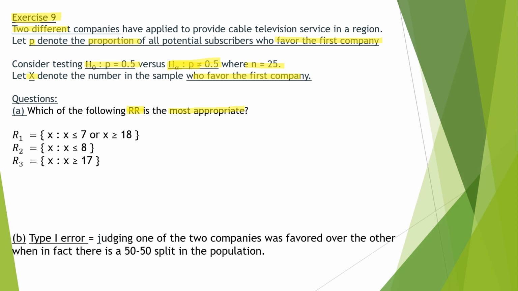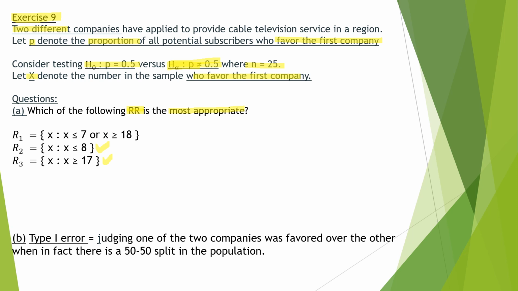If x is less than 8, that works because you could take 2, and 2 divided by 25 is not close to 0.5. Or you can take 17, which is also correct because you can have 20, and 20 divided by 25 is not close to 0.5. So we are looking for values which are not close to 0.5.